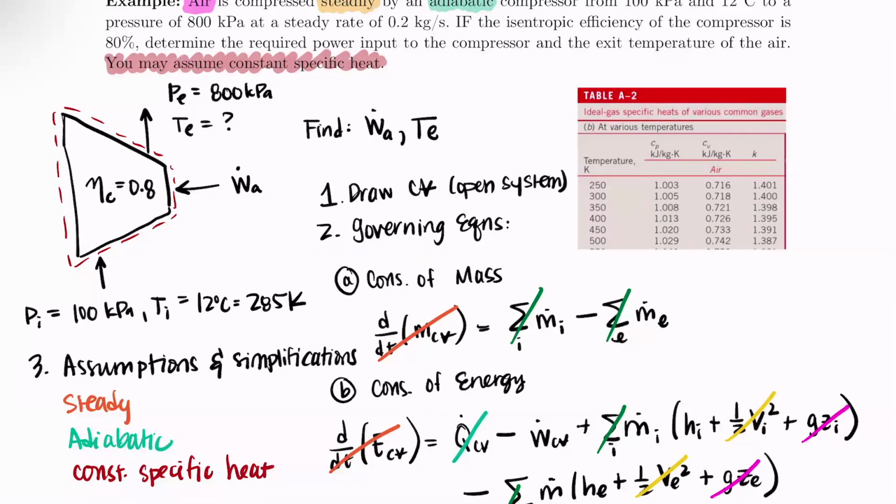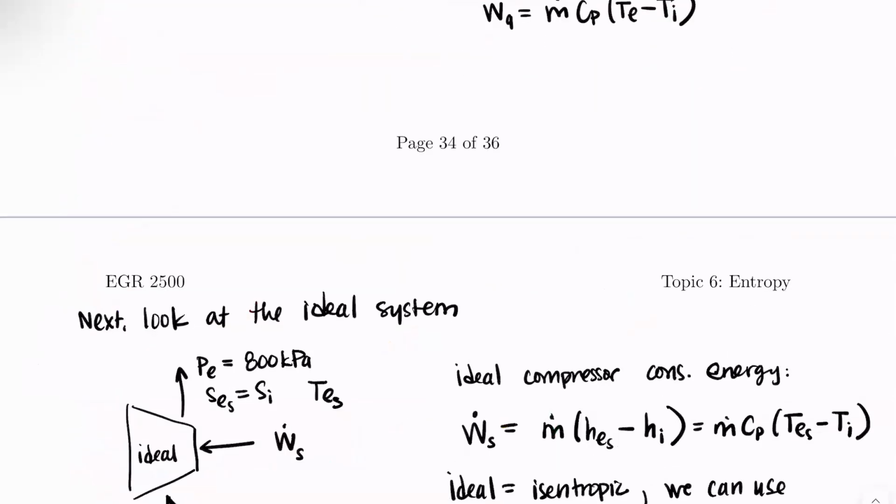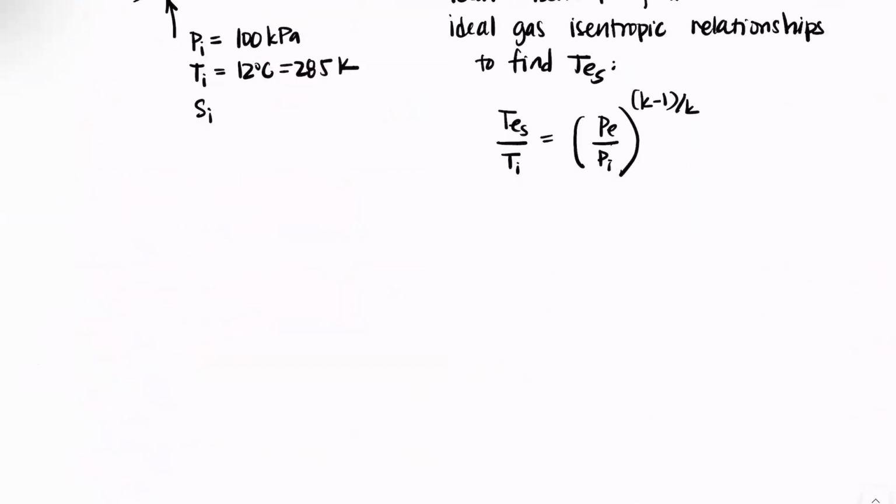So what we're going to do is we're going to start with 350 as kind of an initial guess. All right, and so we have that our CP is 1.008 and then K is 1.398. So CP and K at 350 K are the following.